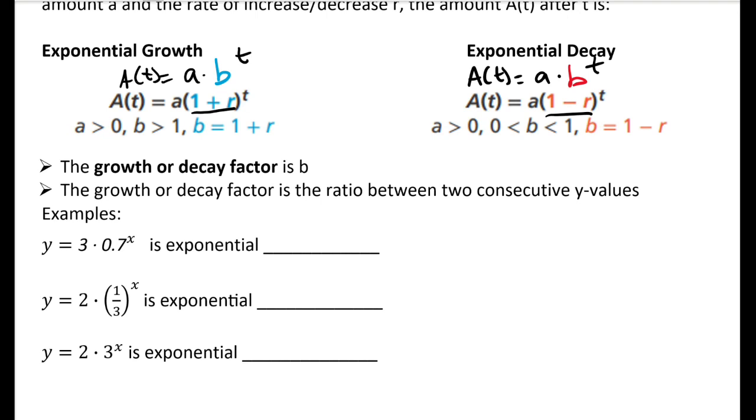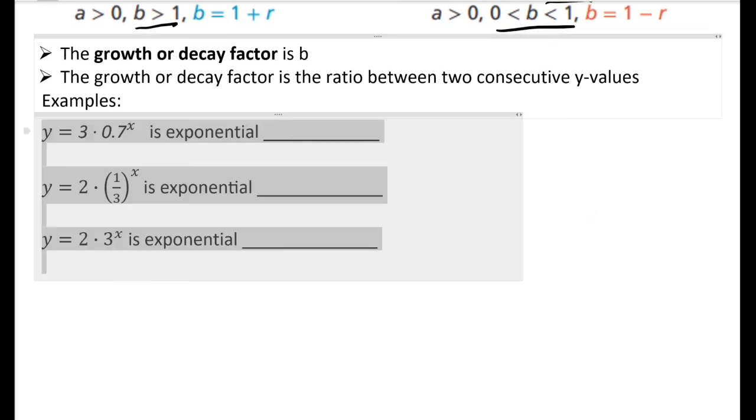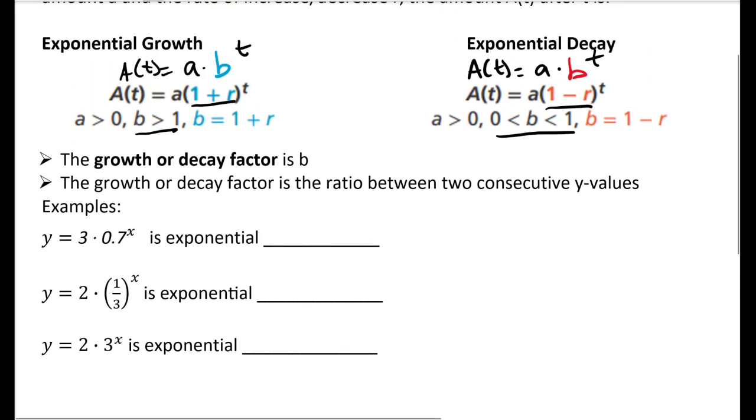So for it to be exponential growth, the b has to be greater than 1, like for example 2 or 3 or 4. For decay, the b has to be between 0 and 1, meaning a fraction that is smaller. So the growth or decay factor is called b, or 1 plus r, or 1 minus r.